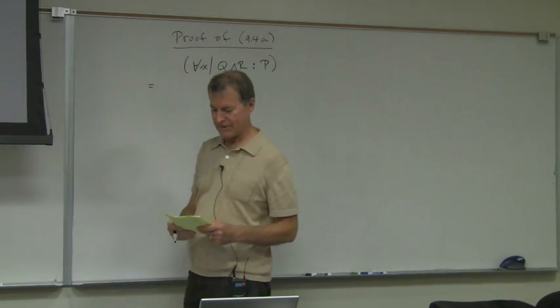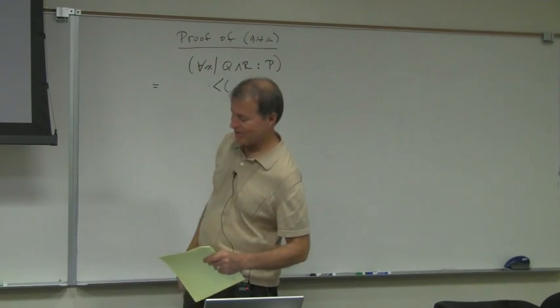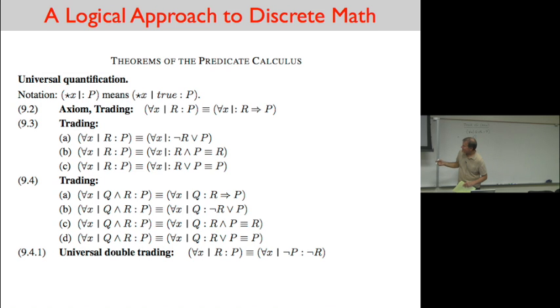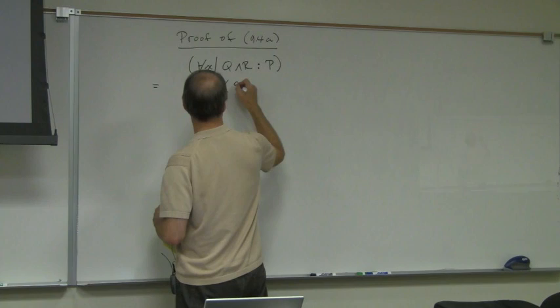Well, we don't have a lot to work with, right? I think probably what we should do is go up to our axiom, because in our axiom the range is R. Here our range is Q and R, right? So let's go up to our axiom. And our axiom is which? 9.2?